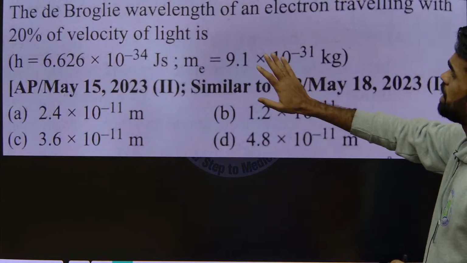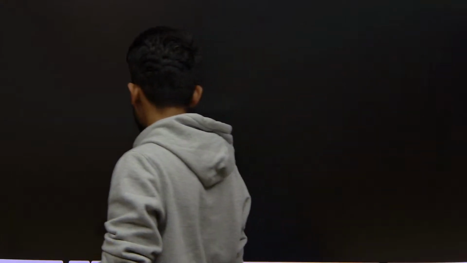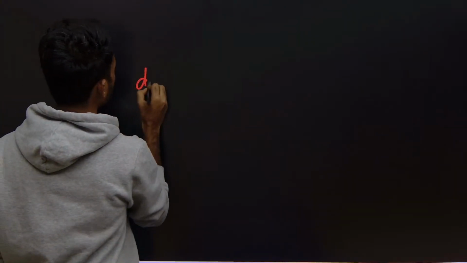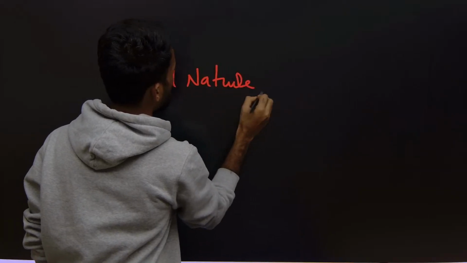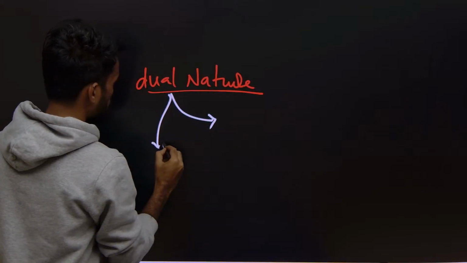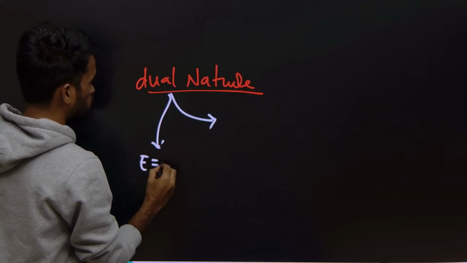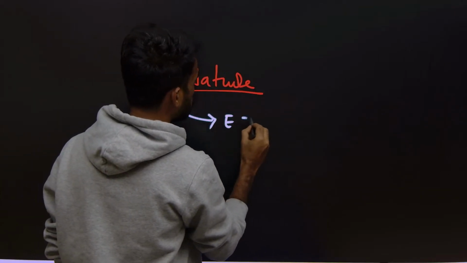Look at this, we have a de Broglie wavelength question. Simple. First of all, understand de Broglie's hypothesis. Consider a microscopic particle like an electron having dual nature. What is the dual nature here? Particle nature and wave nature. Based on this, we can have two formulas. From classical mechanics we can take E equals mc square, and from quantum theory we have E equals h nu.